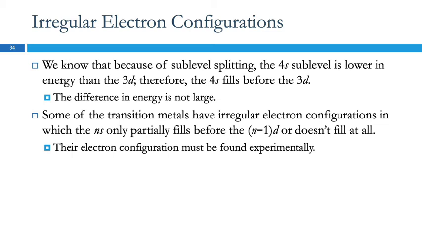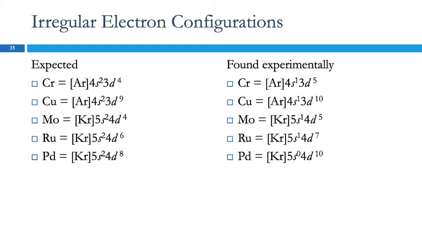But then some of the transition metals do some funky things because they're all squirrely anyway. So this is what happens. These are what we expect from what I just taught you, and these are what are found experimentally. There's no predicting this. They just studied them and found that this is how they are. I only expect you to remember the first two. Okay?